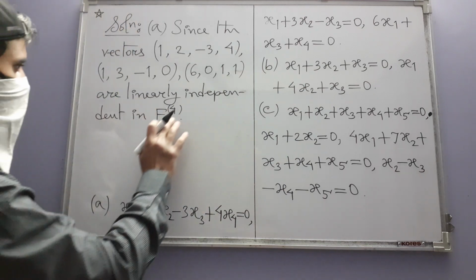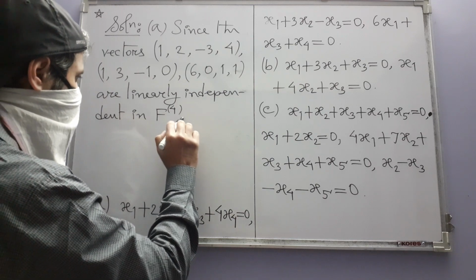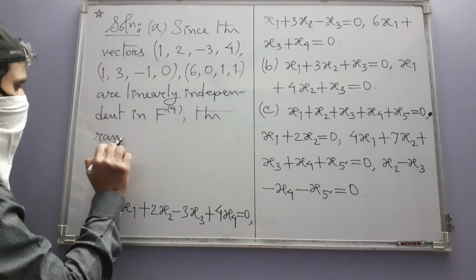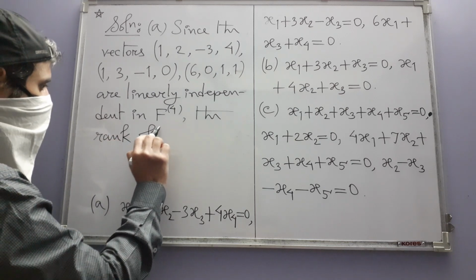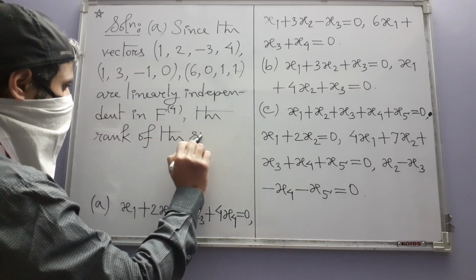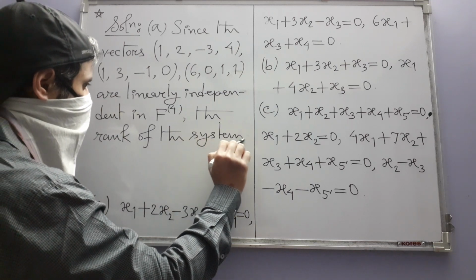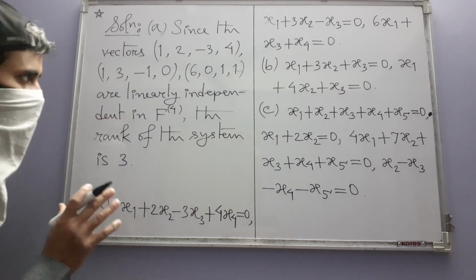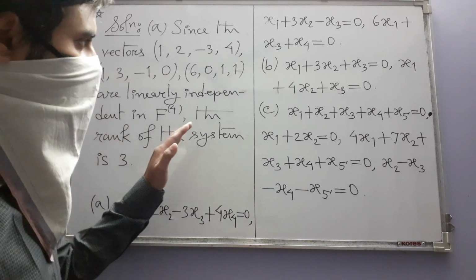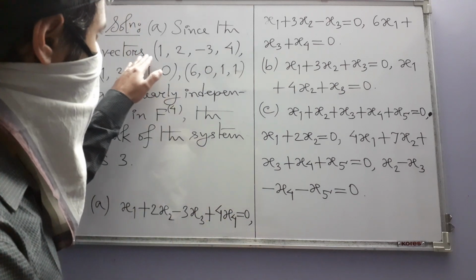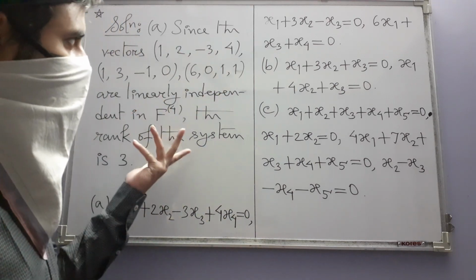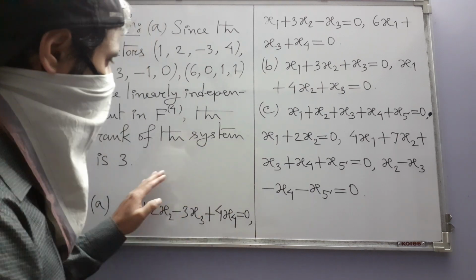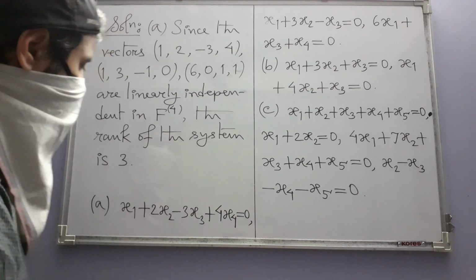So because they are linearly independent in F4, the rank of the system is 3, because we know that the rank is the dimension of the subspace spanned by these vectors. Since they are linearly independent, they will span a 3-dimensional subspace. So that's why the rank is 3.